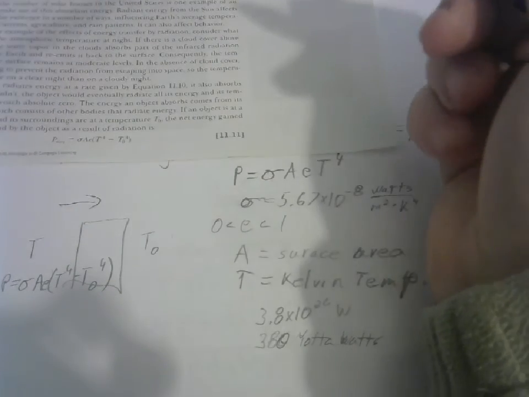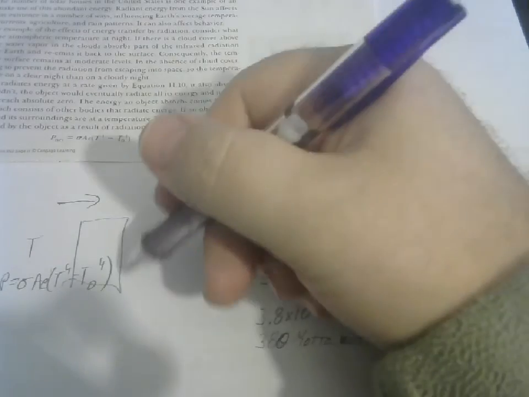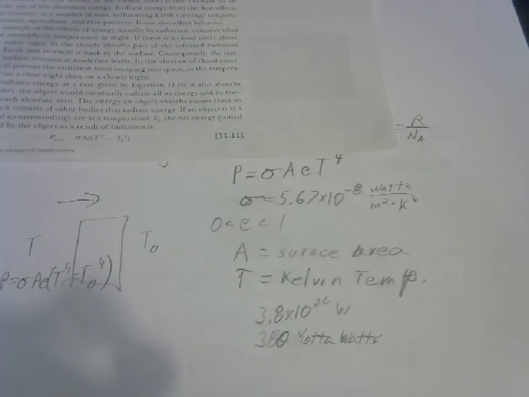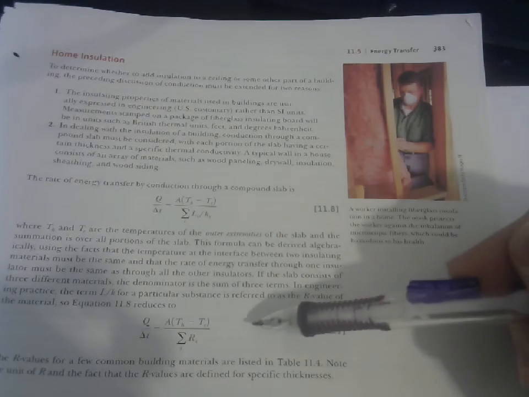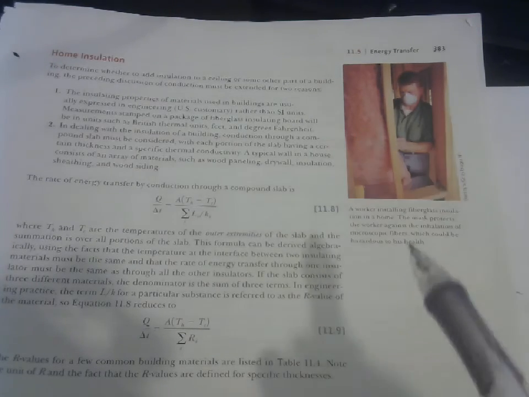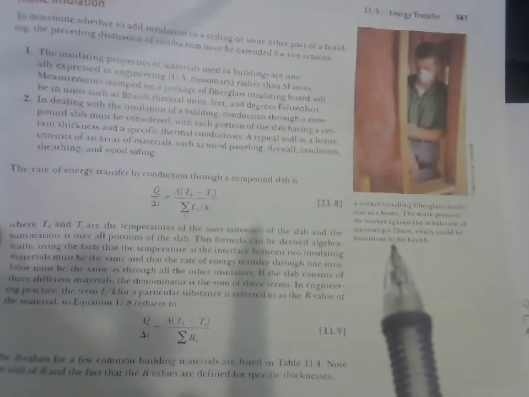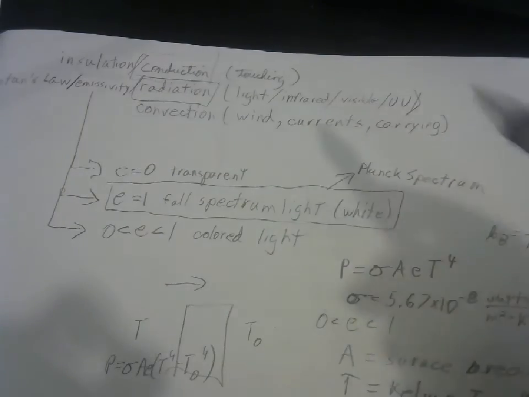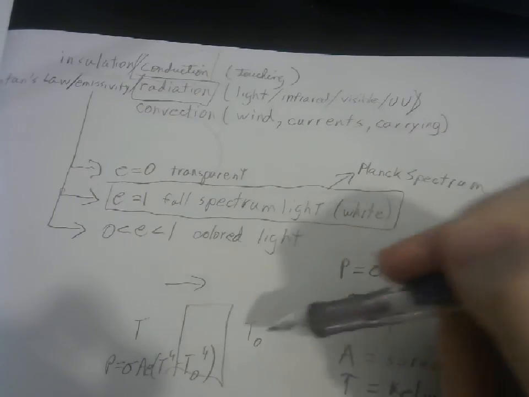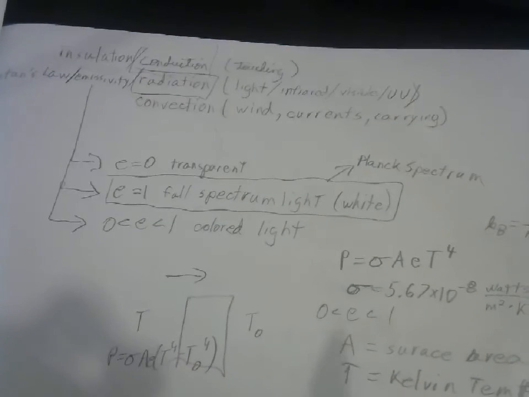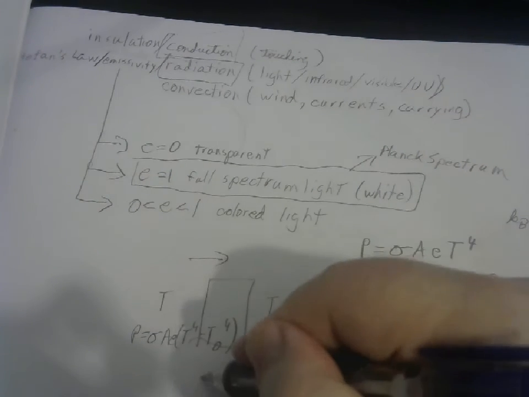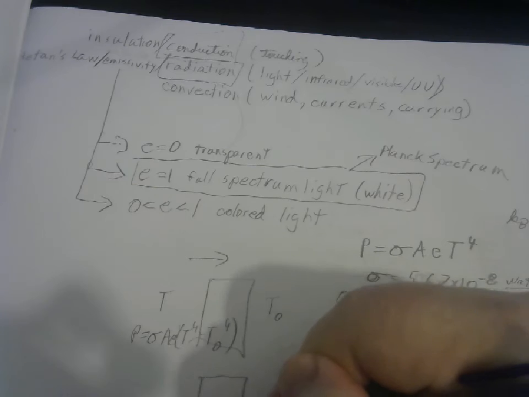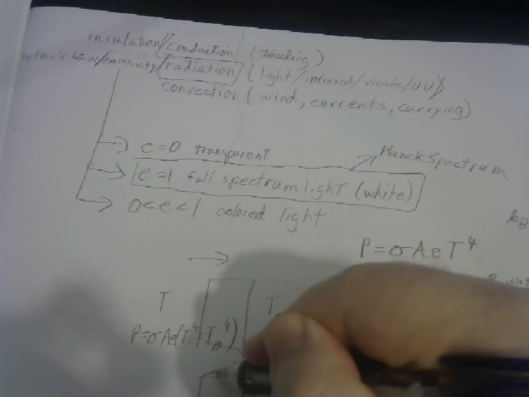However, we've already got an equation for objects that are in that kind of contact. Equations 11.8 and 11.9 basically do the same thing, except instead of having them just connected that way and transferring temperature through radiation, we're going to put that same area, but we're going to make it a little bit of a thickness.